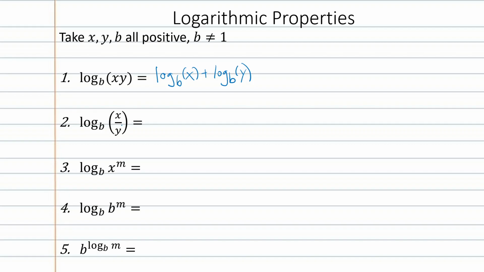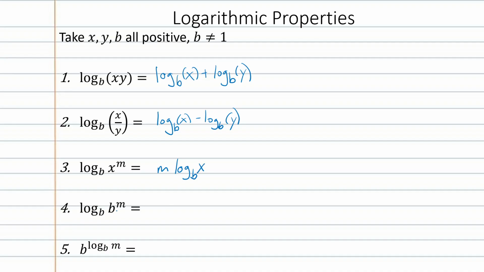Now let's look at this one, the log base b of x over y. That converts to the log base b of x minus the log base b of y. Now, how about the log base b of x to the nth power? Well, it turns out that converts to n times the log base b of x.